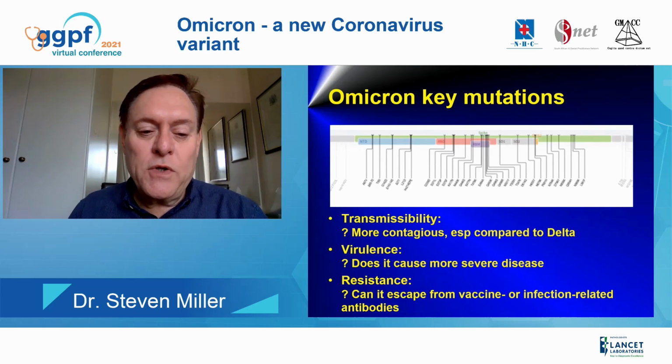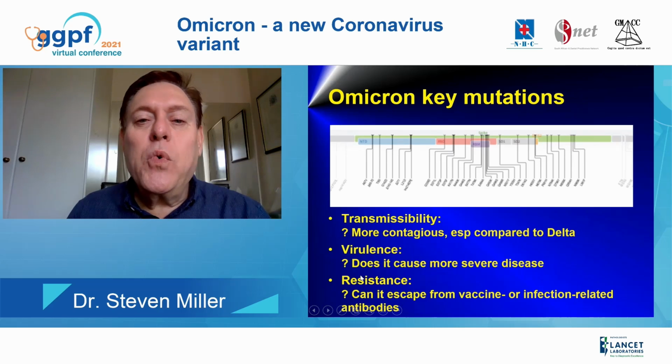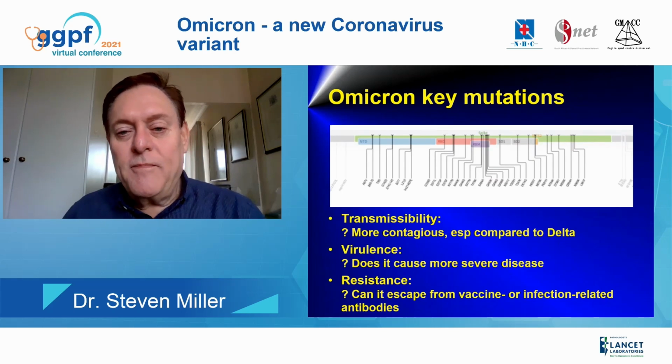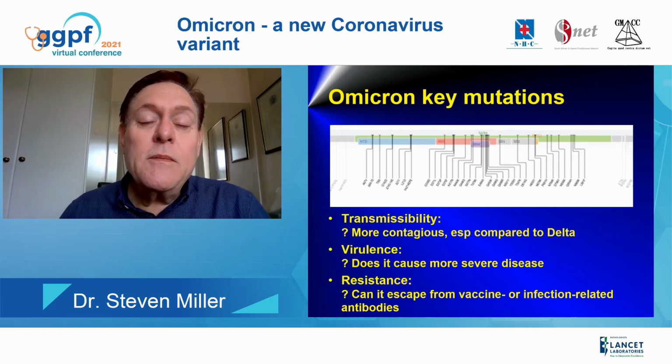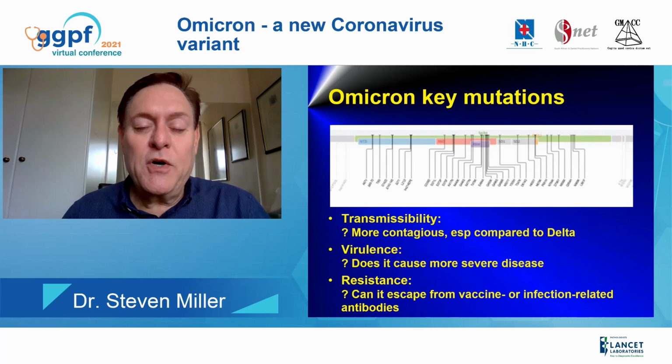And equally important, could all these changes, which are happening in the region where vaccines are protective, allow the virus to escape from the protection of vaccines, which we have managed to build up so far, or even protection from natural antibodies following an infection with this virus rather than a vaccination?